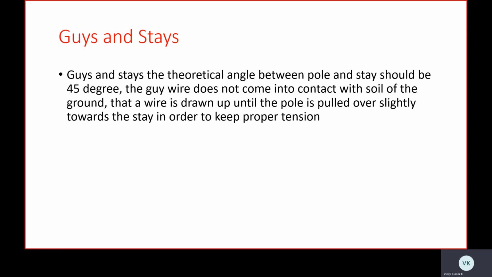From the top end of the pole to the earth, this guy wire is connected, and the angle made between the guys and stays should be 45 degrees. So these guys and stays are mainly used for giving mechanical strength to the supporting structures.